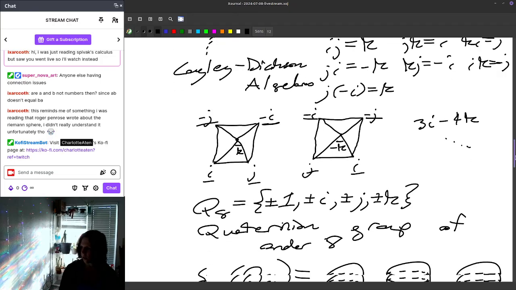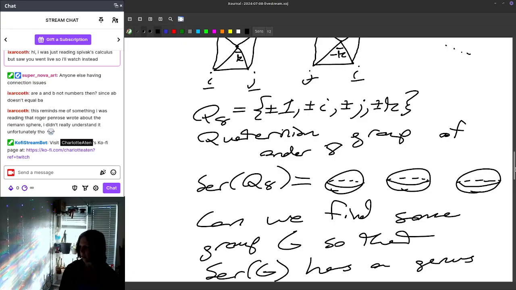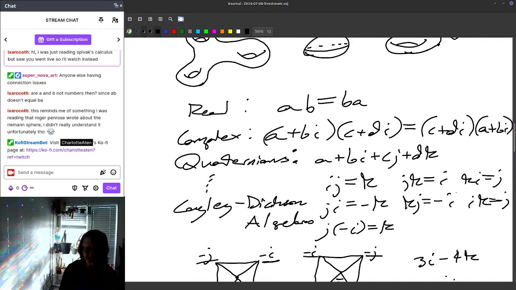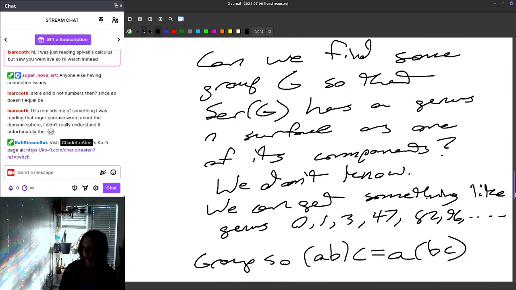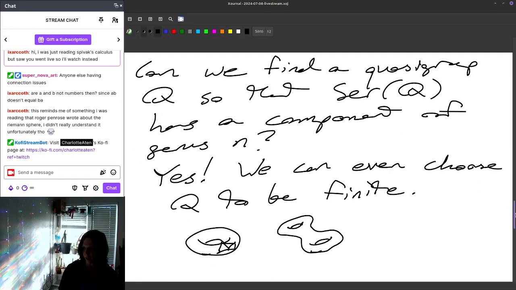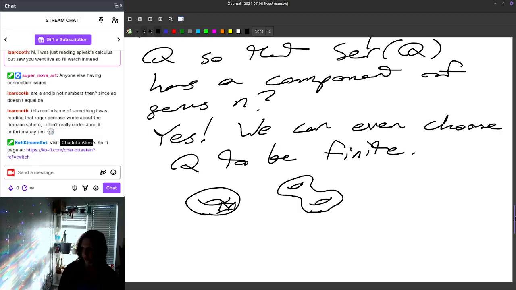So these 3 spheres are one nice little piece of something which is really infinite. And you might ask, well, it's not obvious that it's possible to choose a finite quasi-group, but it turns out it is. So that's actually very nice.